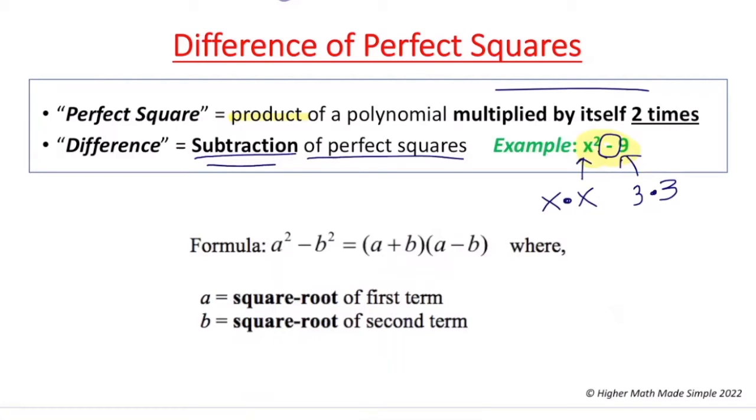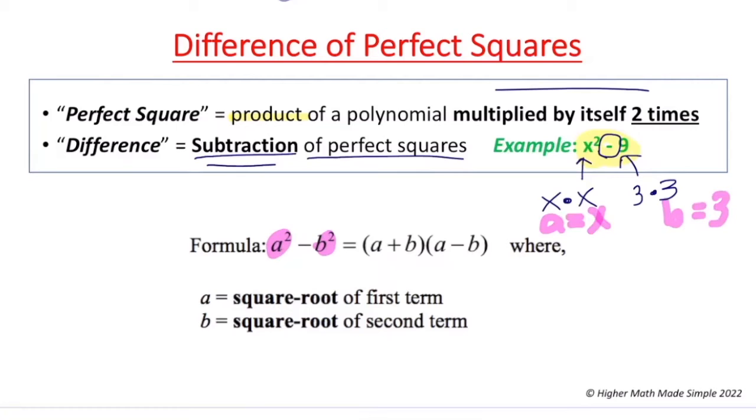Okay, so here we have a formula. Don't get too tripped up in the formula, but typically the first term we could have called any variable, but in this case, people call it a. So the first term is just a squared, and the second term we call b squared. And so we're subtracting them. In this particular case, the a term would be x, and the b would be 3.